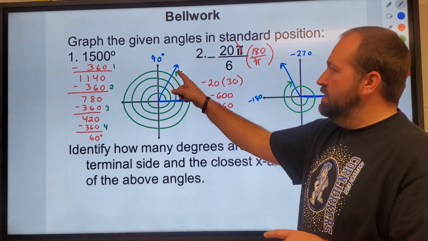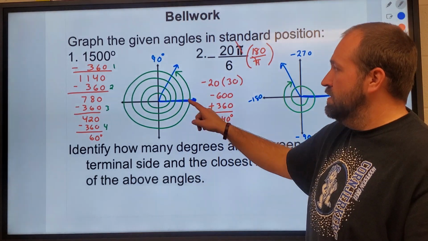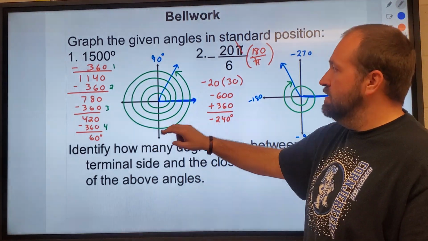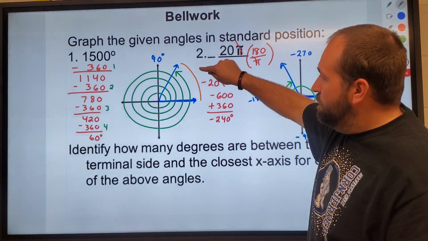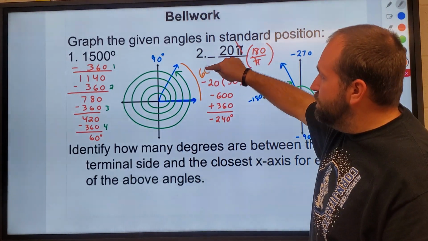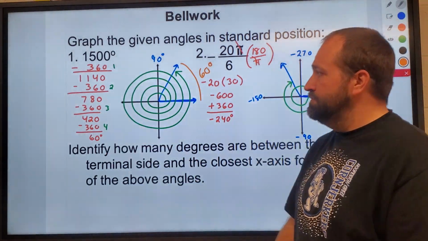For this one, that would be the positive x-axis because it's a little closer here than it would be backtracking. So my angle between here and here is 60 degrees. I know that because it goes from 0 up to 60.